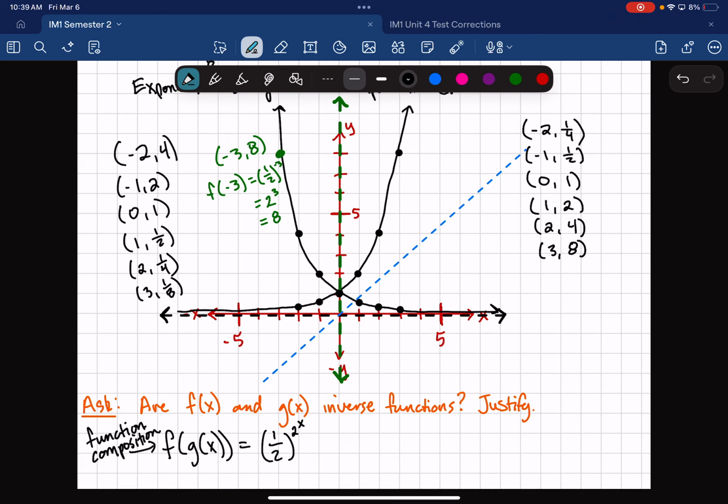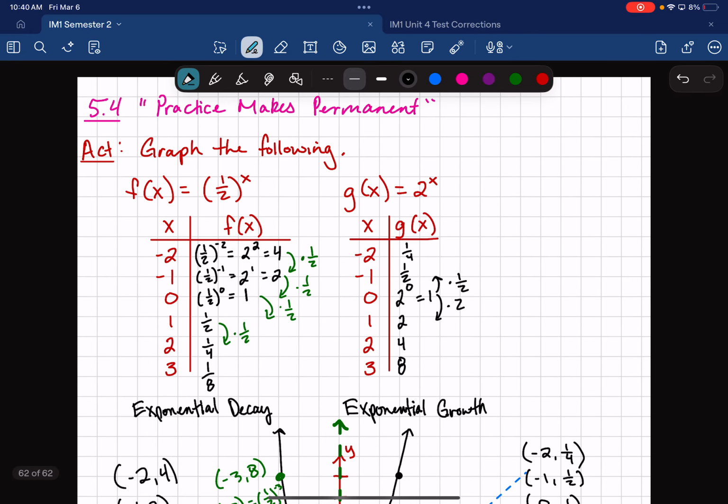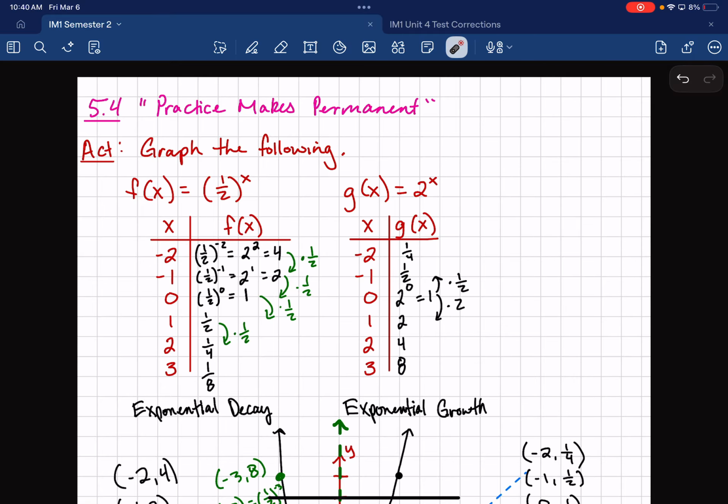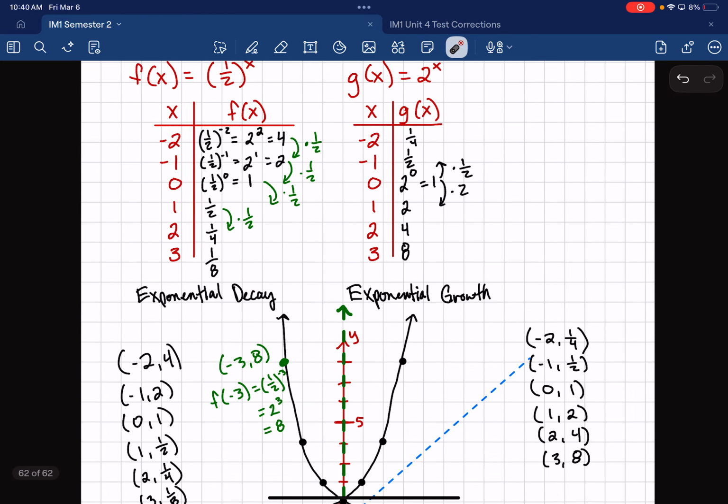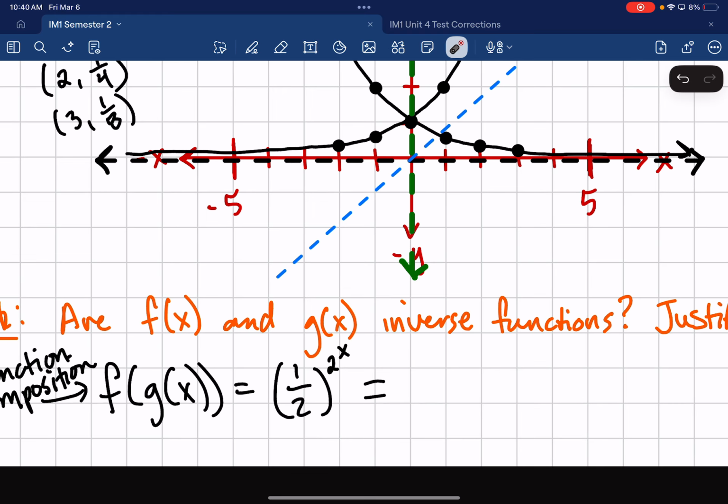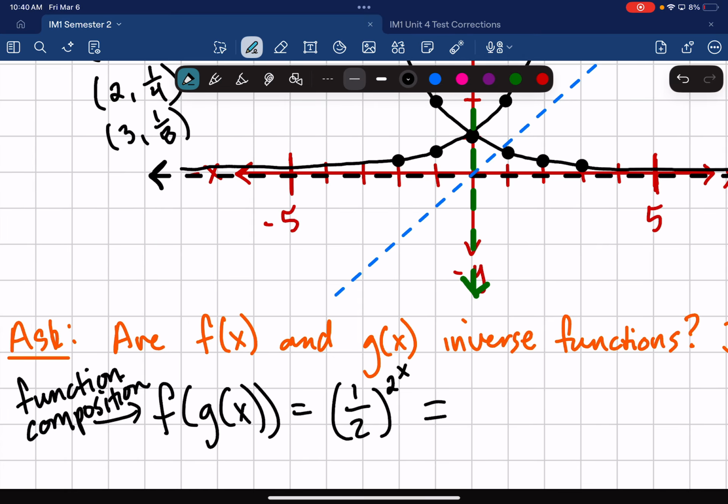Because let's think about, okay, can I break this down? What's 1/2 squared? Yeah, 1/4. 1/2 squared is 1/4. So, I'm going to zoom in so we can really see this. 1/4 to the x, is that x?